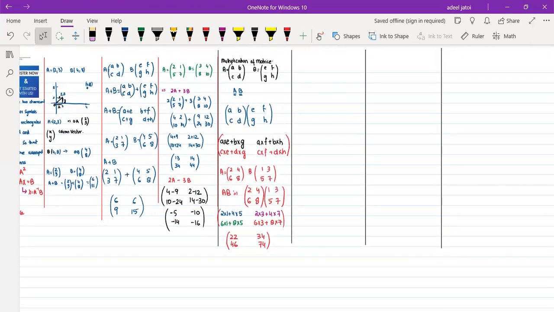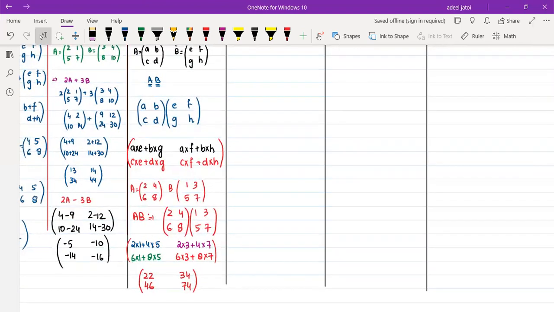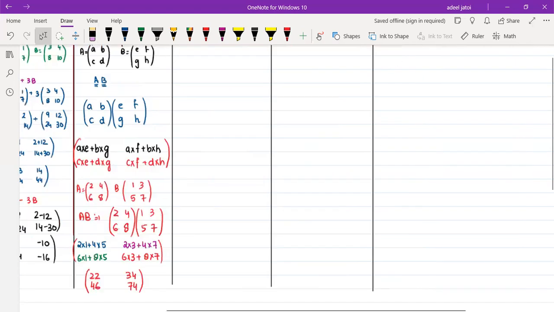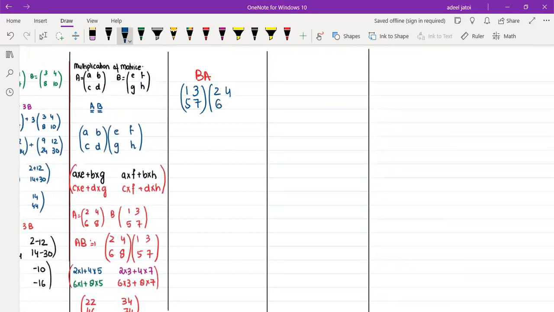You need to remember, or you need to understand, that the answer of AB will be different from the answer of BA. Which means that if I write this down similarly, BA, and I write this as 1, 3, 5, 7, and A is 2, 4, 6, and 8.